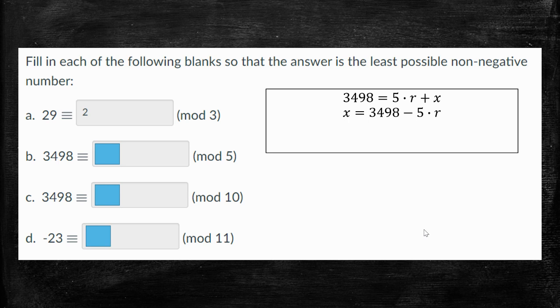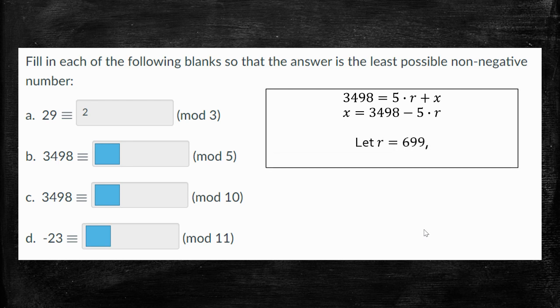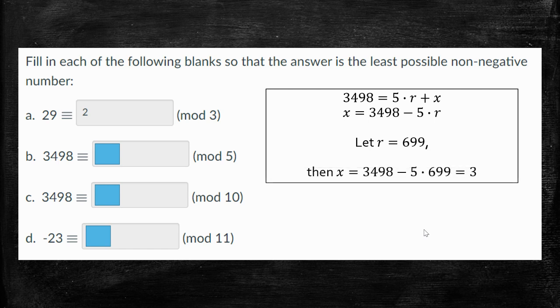And so if you divide out 3,498, you will find that 5 divides into 3,498 699 times, with a remainder, of course. So we can say that x is 3,498 minus 5 times 699, and that's equal to 3.